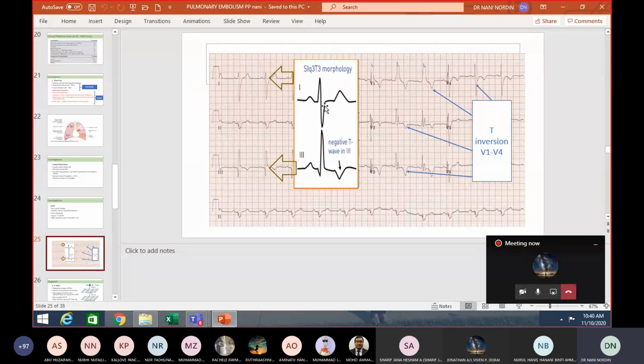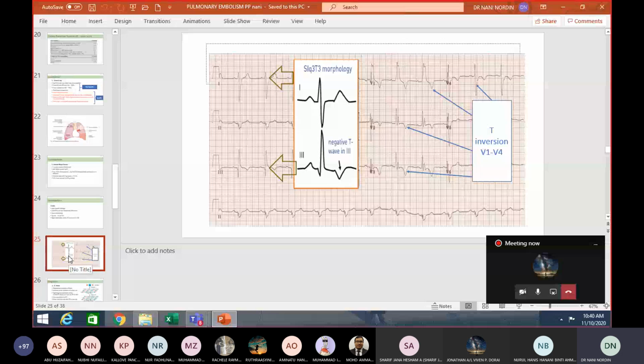So you know your PQRS, right? Okay, so you have a Q wave in lead 3. Okay, T inversion in lead 3. Okay, and this is V1, V2, V3, V4, you have T inversion, right ventricular strain.